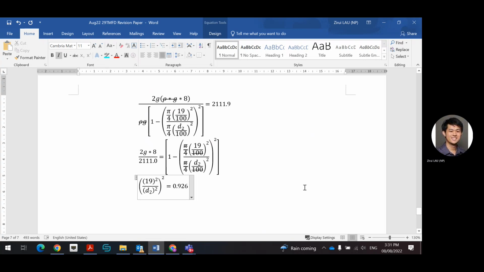Okay, reaching there. So square root, 0.962.